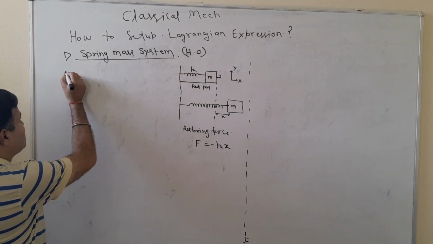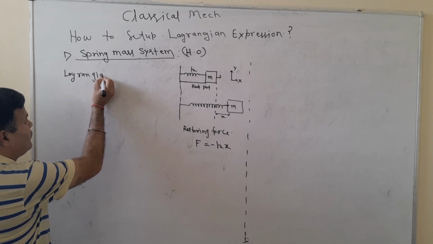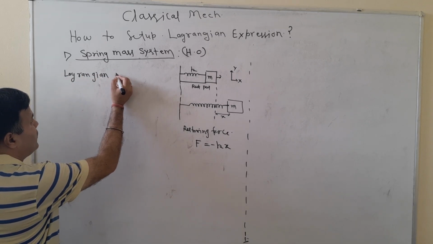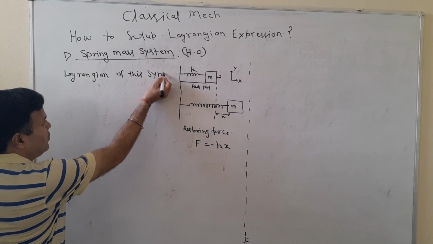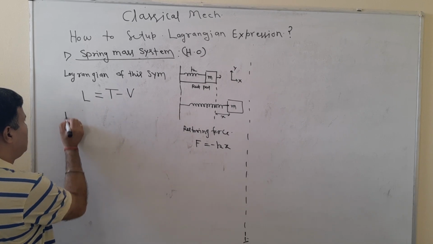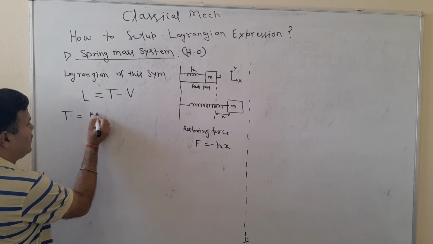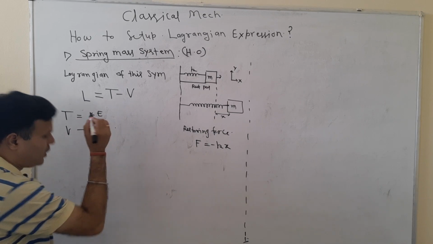So the Lagrangian of this system is simply L equal to T minus V, where T is kinetic energy and V is potential energy.